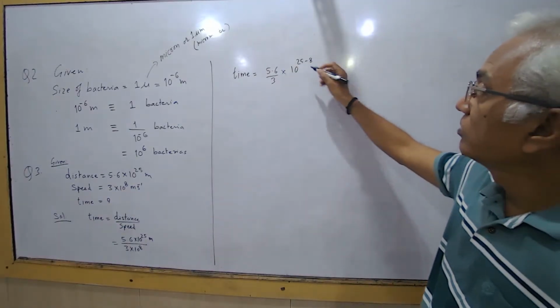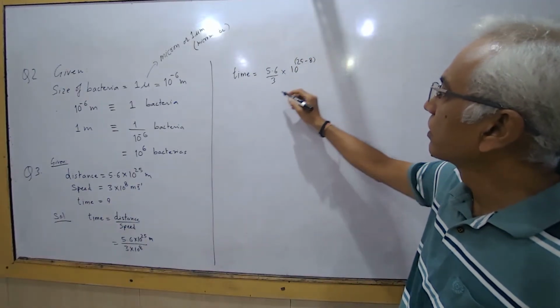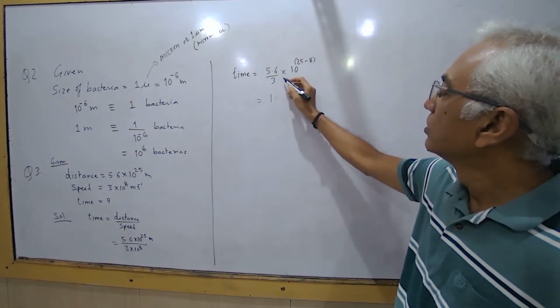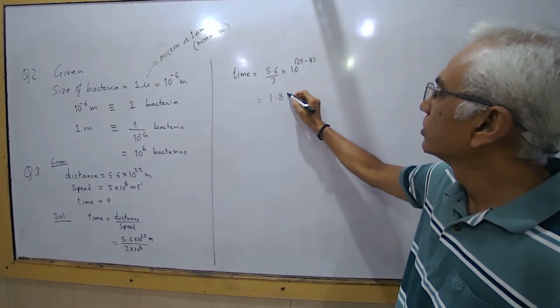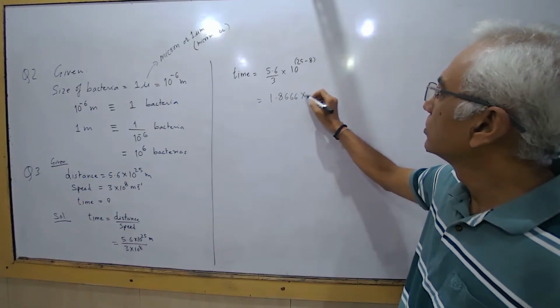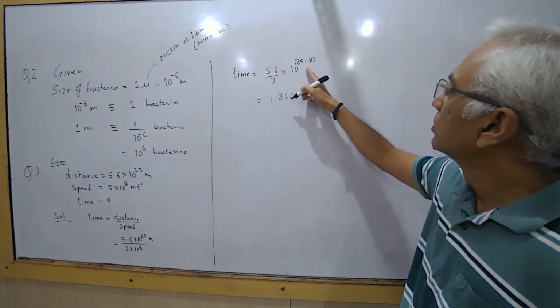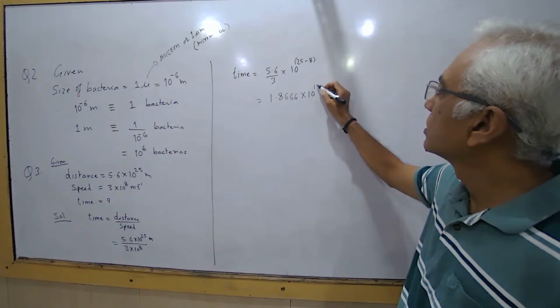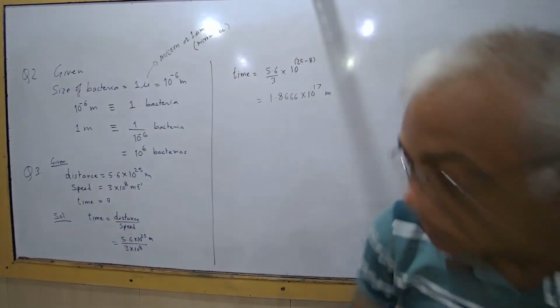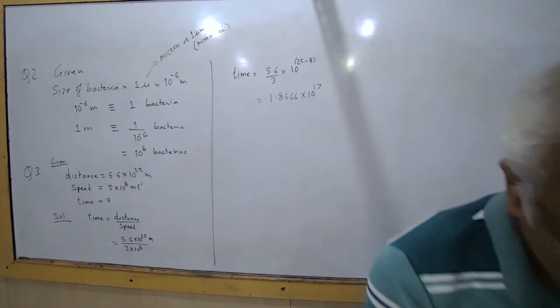So the 8 goes above, this power will be subtracted. 3 1 ja 3, 3 8 ja 24, 6. Like this, into 10 raised to 25 minus 8, which will be 17. The unit is meter. Oh, sorry, second. Time unit is second.